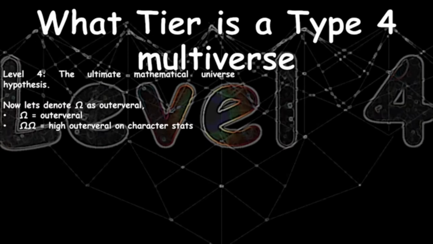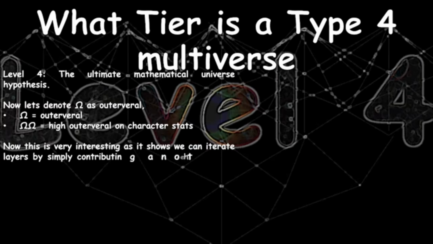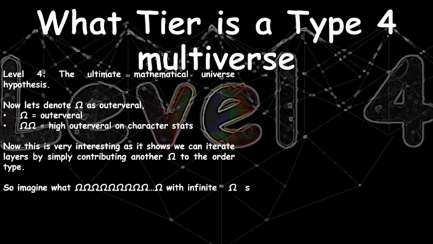We'll be using this to move on. Now, this is very interesting as it shows we can iterate layers into the capital omega as well. So imagine doing an infinite multiplication of capital omega. Now, this is nowhere near a type 4 multiverse in size.